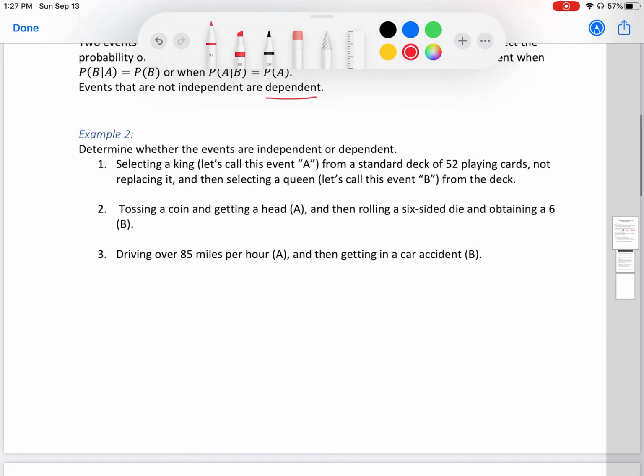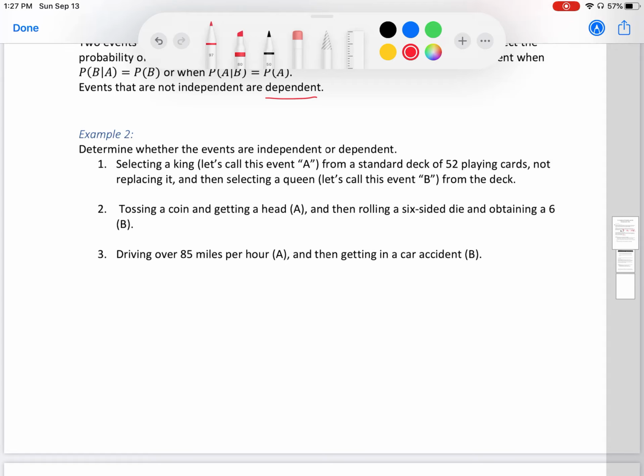Let's take a look at these examples to help us think about what it means to be dependent and independent. Example 2. Determine whether the events are independent or dependent. 1. Selecting a king from a standard deck of 52 playing cards, not replacing it, and then selecting a queen from the deck. So like our first example. Well, I'm not putting it back, and so it affects the cards that are in play.